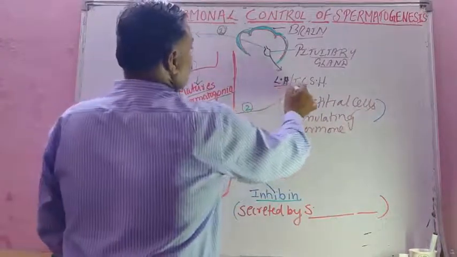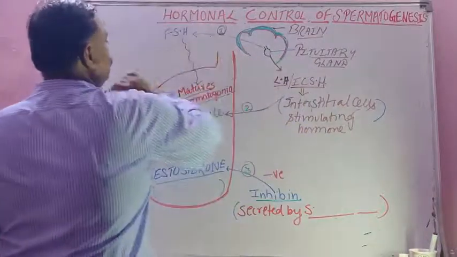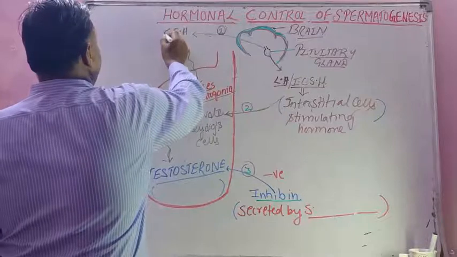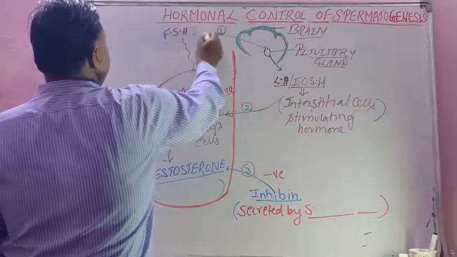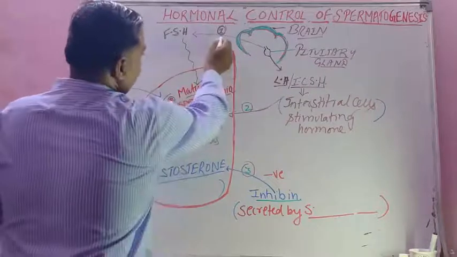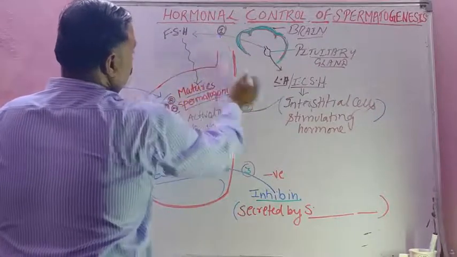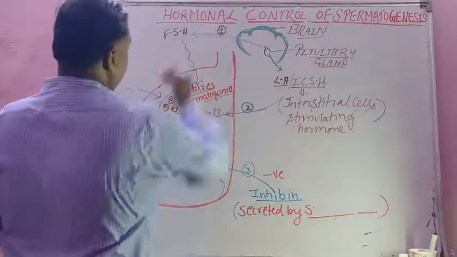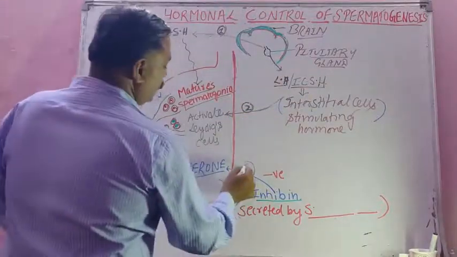LH is called ICSH in males. And student, the second one is FSH, follicle stimulating hormone. Student, just emphasize these 3: first FSH, second ICSH, and the third one is inhibin.